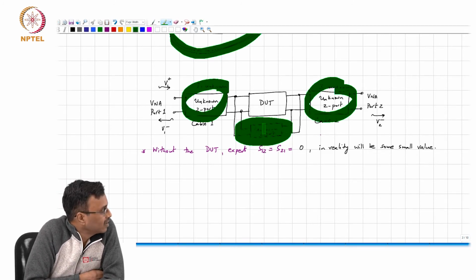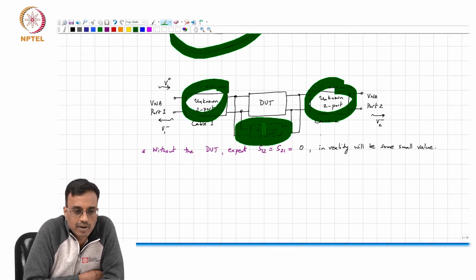So this models a practical measurement scenario, right? If you remove the DUT, of course cable 1 and cable 2 will modify what you're going to measure at the individual ports, and the 2 ports will have finite isolation. Ideally the isolation between the 2 ports must be infinity. In other words, when you take the log of S12 or S21, you should get negative infinity dB, right? In practice, it depends on frequency.